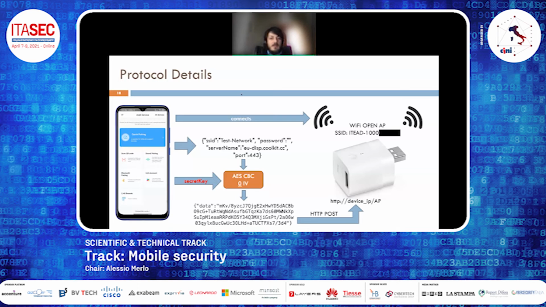Next, it encrypts the Wi-Fi credentials inserted by the user through the Advanced Encryption Standard, using the secret key previously retrieved from the remote service as the key for AES. This encrypted data is then sent with an HTTP POST request to the device web server. Next, the device connects itself to the client Wi-Fi network.